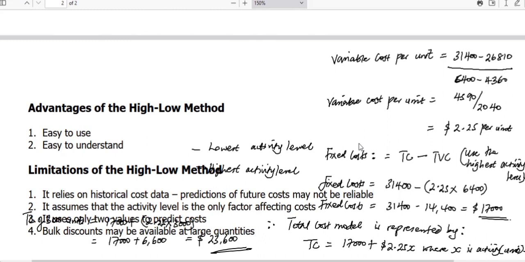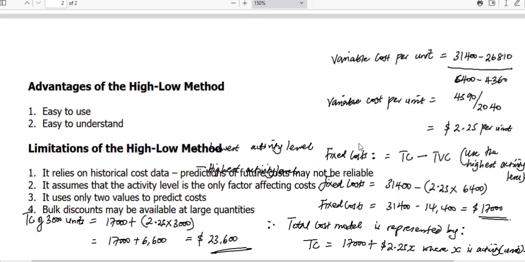There may be some other factors that affect costs other than activity. It uses only two values to predict costs, those at the highest and the lowest activity level. But this may not be representative of costs at all levels of activity.